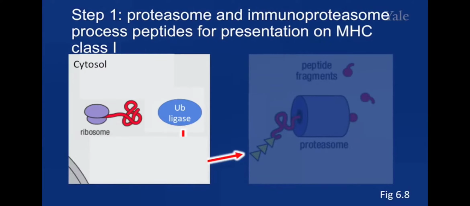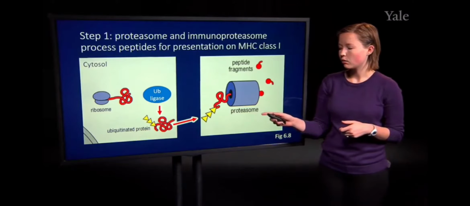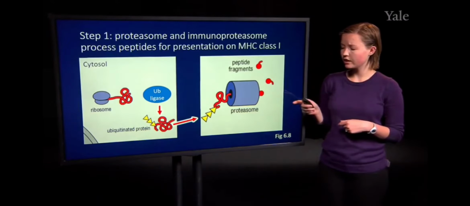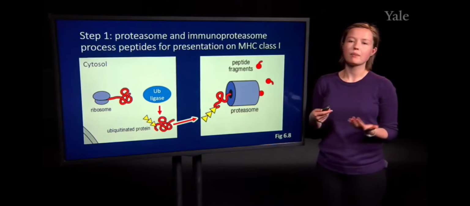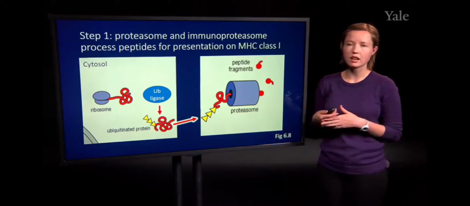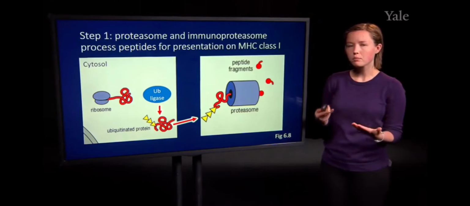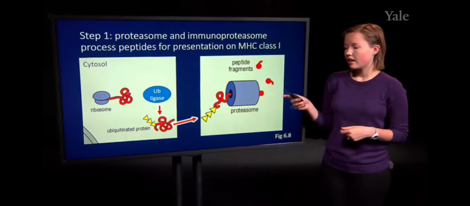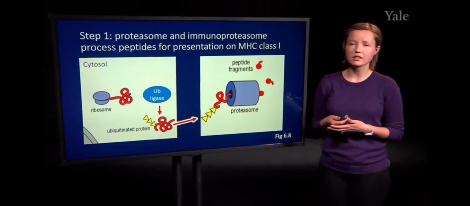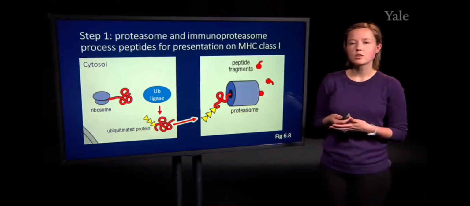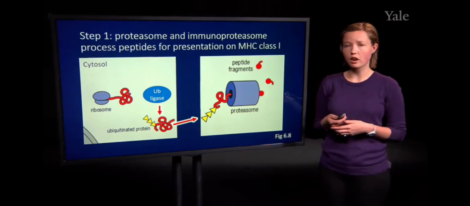Once it has been ubiquitinated, it will move to the proteasome, which normally will recycle proteins and peptides within the host cell so that these peptides can be used as amino acids to synthesize more proteins, and so on, by cleaving them up. This is a normal process that happens in cells all the time, but it actually ends up being a crucial part of antigen presentation on MHC Class 1 as part of the immune response.